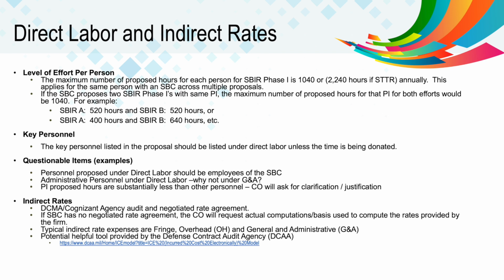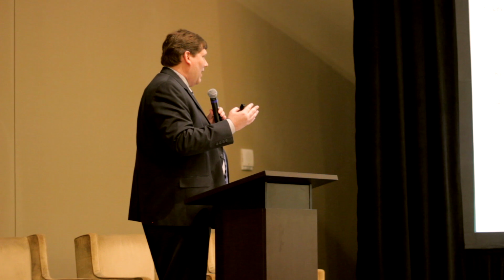How did you come up with that 30% G&A, or how did you come up with that proposed overhead? If you've never done that before, or if you're having trouble with it, I provided a link. It's a DCAA link, and it provides tools for helping you compute your indirect rates.